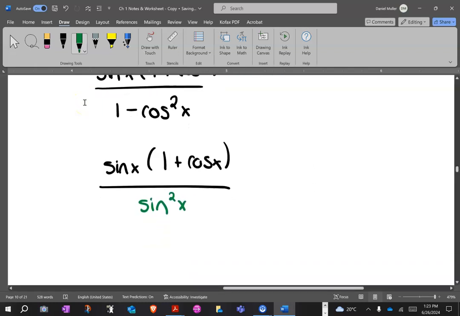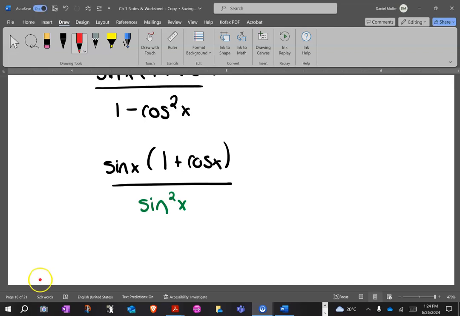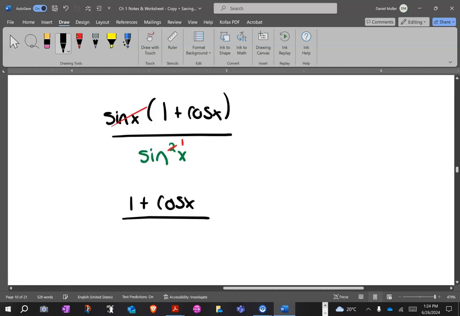So because these things are being multiplied, everything's being multiplied here, I can cancel out some sines. So 1 on top can cancel with one of the ones that are on the bottom. So it looks like I've got a 1 plus cos x on top, and then a sine x on the bottom.